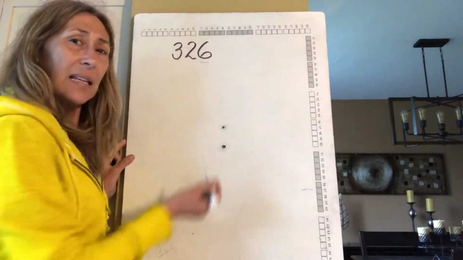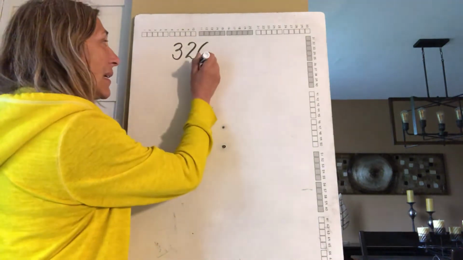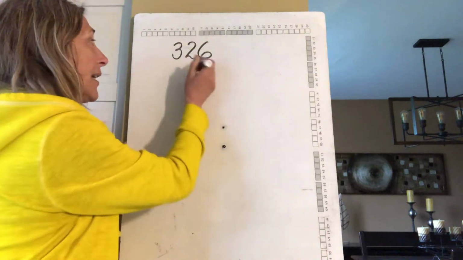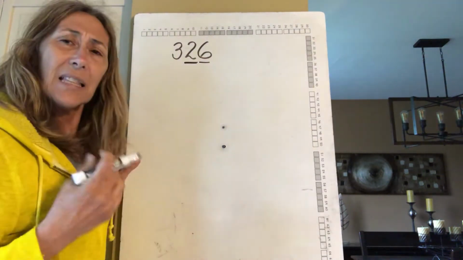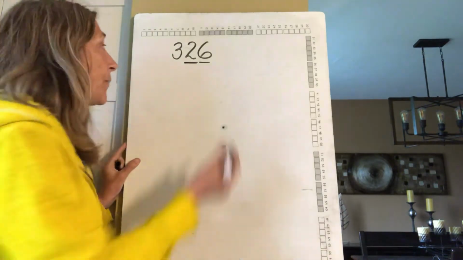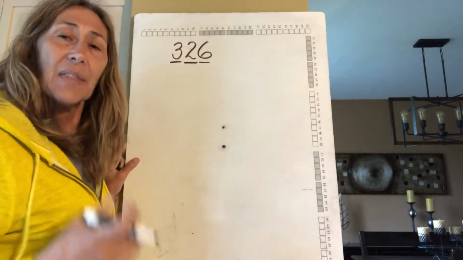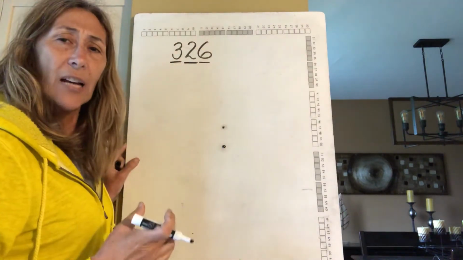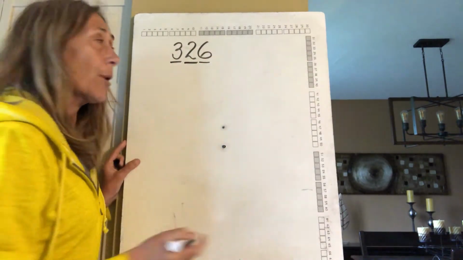The 6 is in the ones place. It represents 6. The 2 is in the tens place, or it represents 20. And the 3 is in the hundreds place, or it represents 300. So that's a whole number.